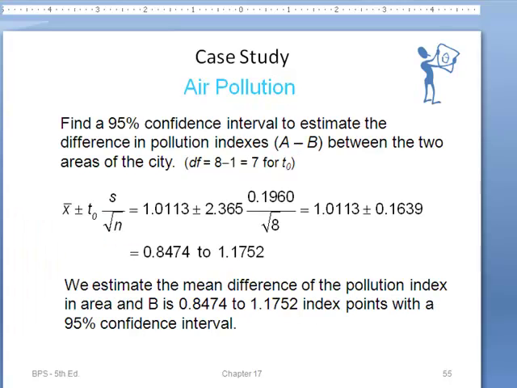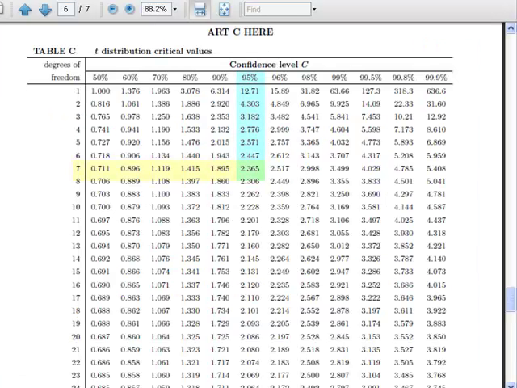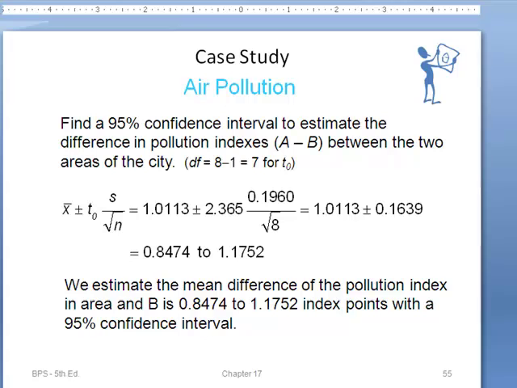Now, if we're going to do a 95% confidence interval, we'd have to find the critical value. We'd look for degrees of freedom of 7, and down to the 95% confidence level to find the critical value. So we go 7 down to 95, and that's why we got 2.365. We multiply that by S, the sample standard deviation, divided by the square root of 8.